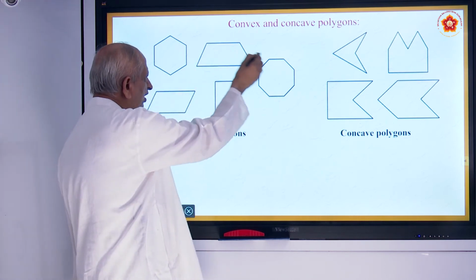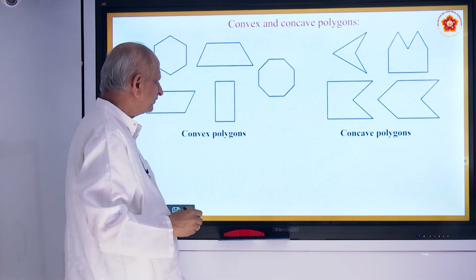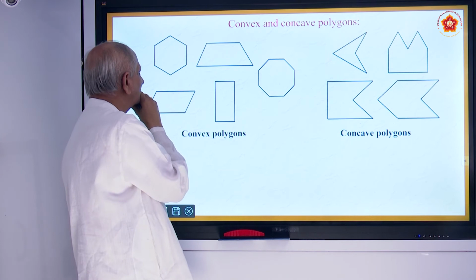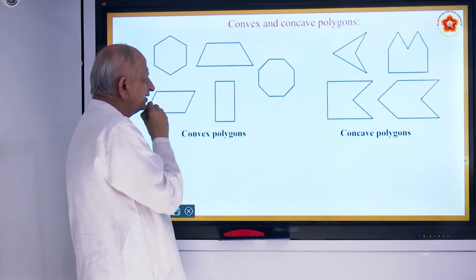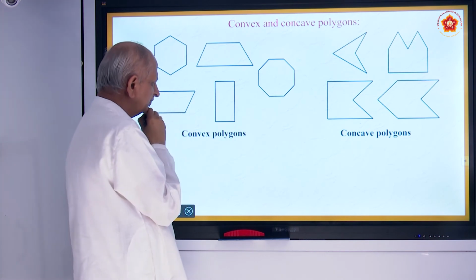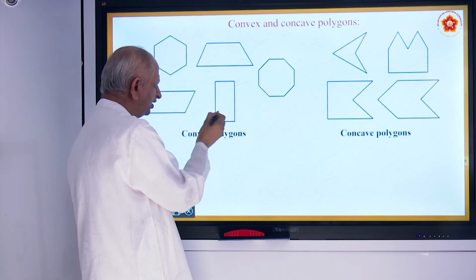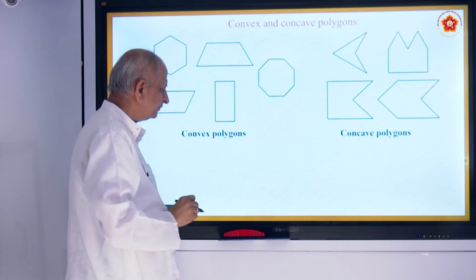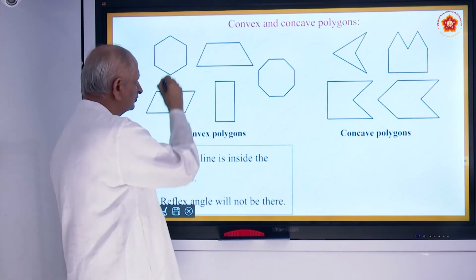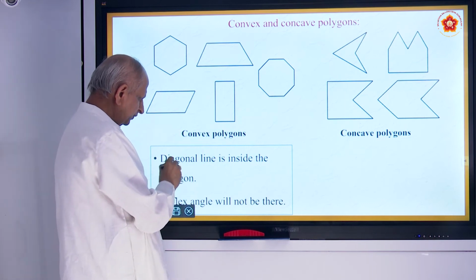So these are all convex polygons. What is the name of this? It is called a hexagon. This one a quadrilateral or trapezium. This one an octagon. This one a rectangular quadrilateral. This is a parallelogram. So these are all called convex polygons. Why are they called so?